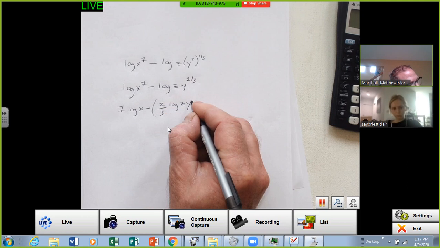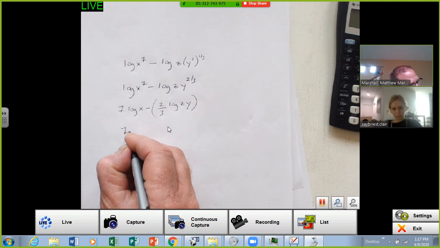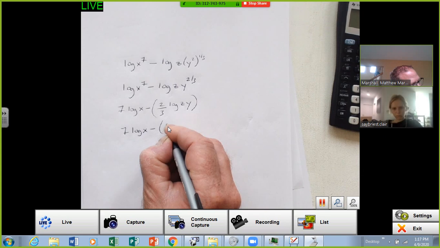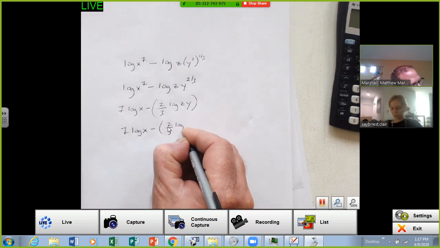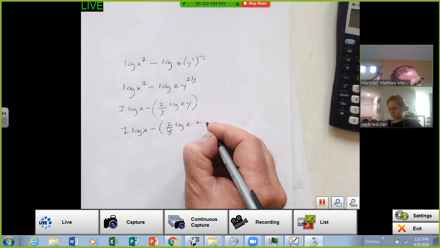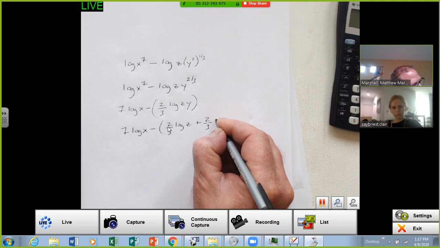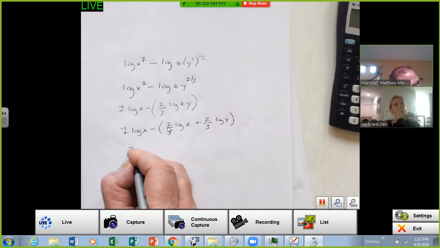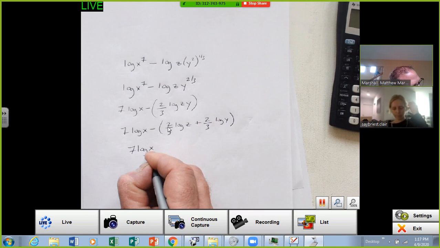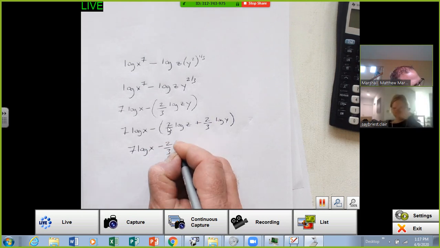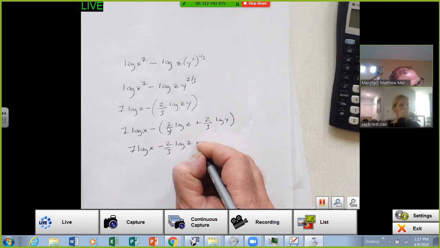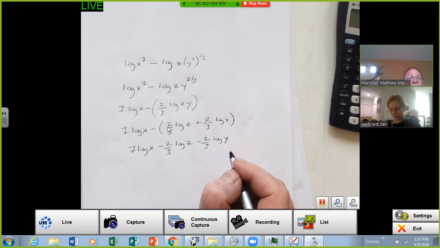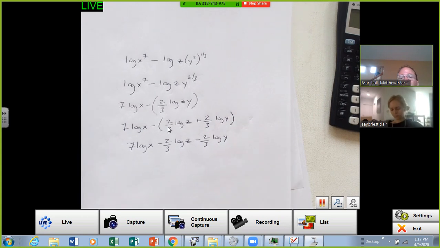And I think maybe it was because of this. That becomes 7 log x minus, in parentheses, 2/3 log z plus 2/3 log y. So that should have been minus 2/3 log z minus. Is that what we wrote?